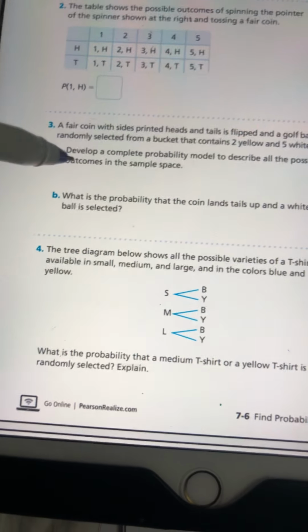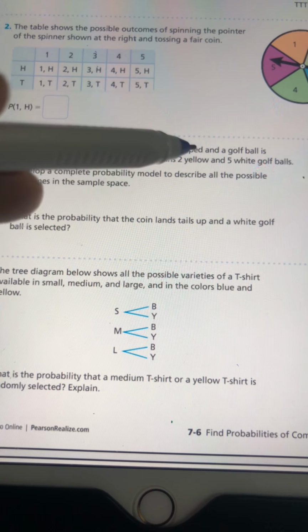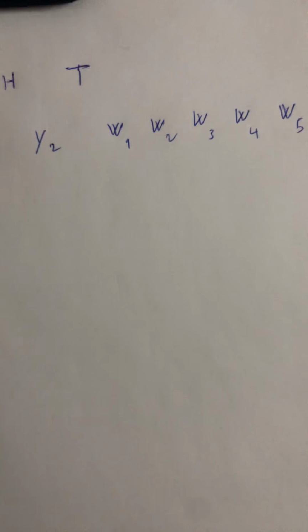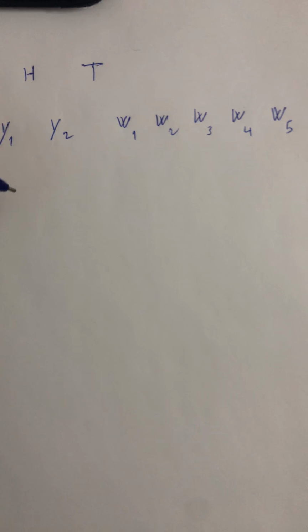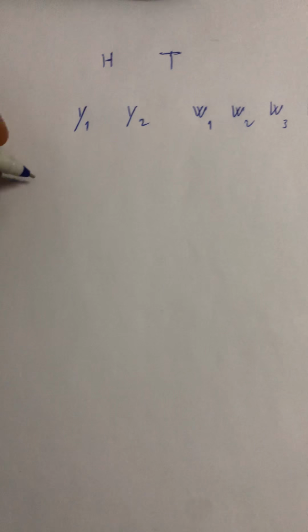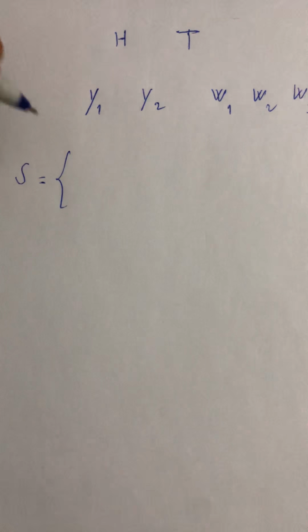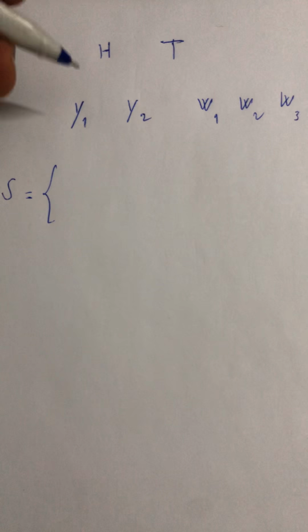Now what is the question here? A, develop a complete probability model to describe all the possible outcomes in the sample space. So how to develop this, or how to make a set. Okay, so I begin. This is S. I can make this a set equals all chances.